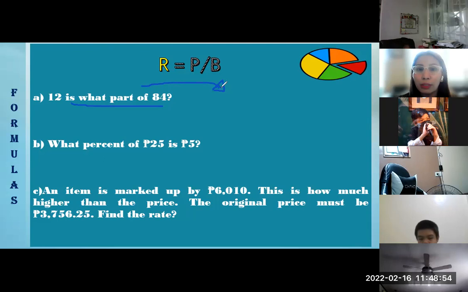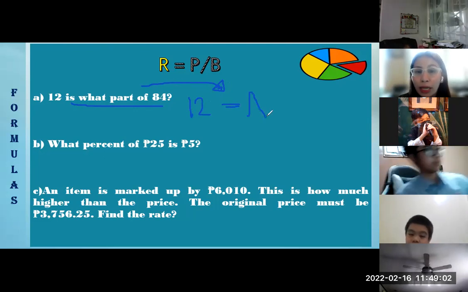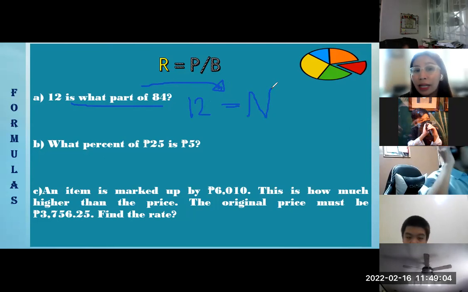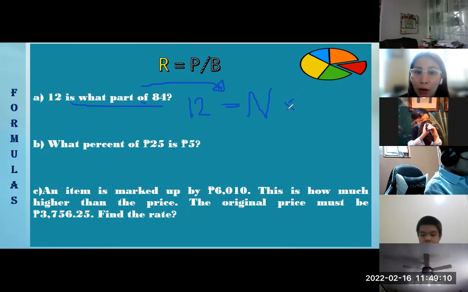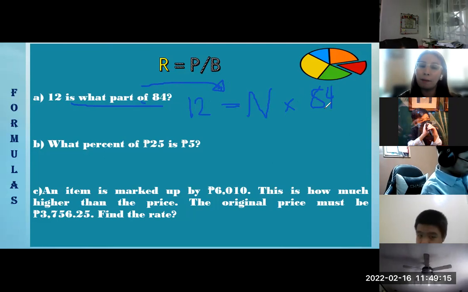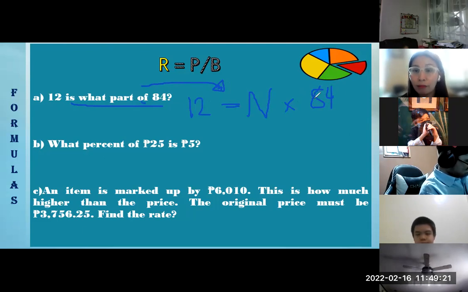Yan, I will teach you this one. So, is daw ay equal. So, 12 is what part? So, we may use the letter N, big letter N. Yung of, ang ibig sabihin yan, pag nagko-convert tayo, it means you multiply of 84. Ayan, ganyan siya, class. 12 is what part of 84?